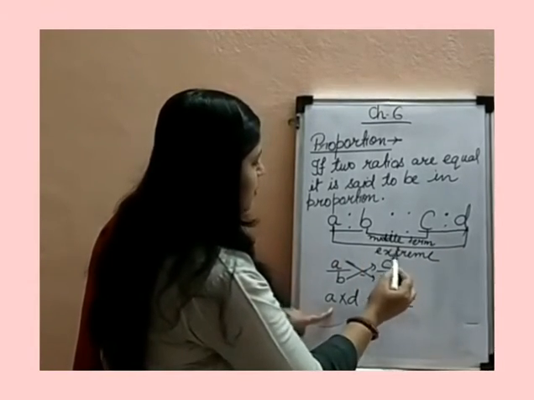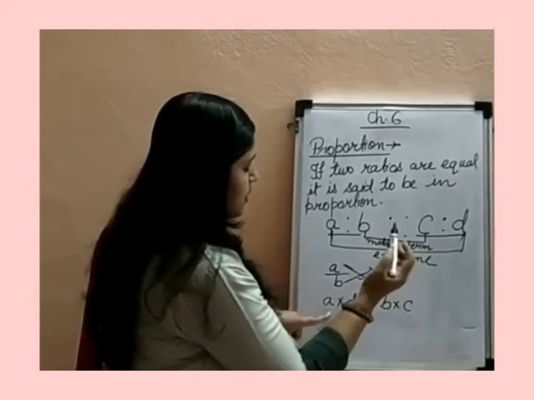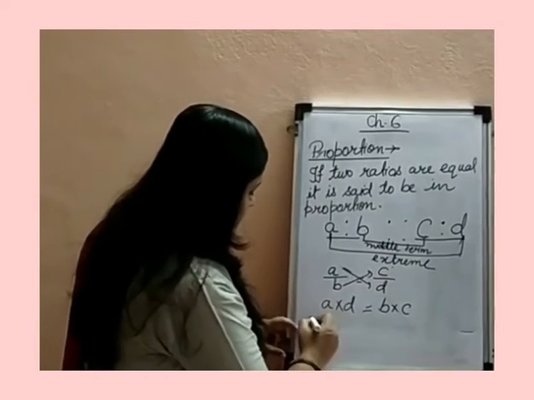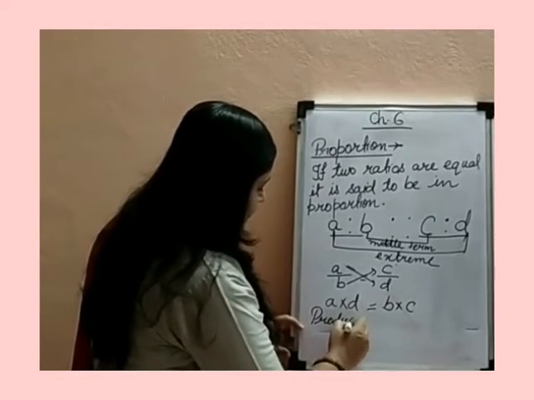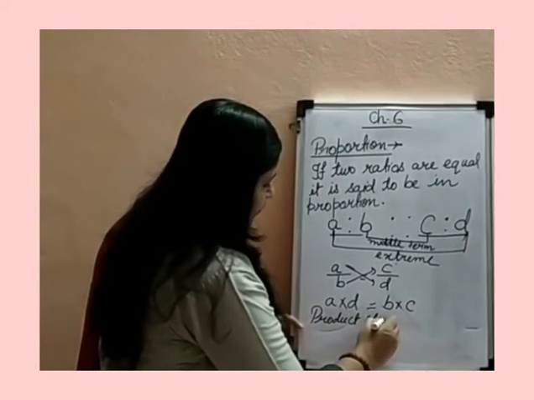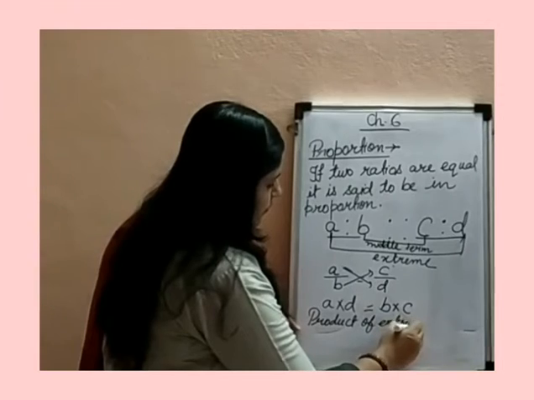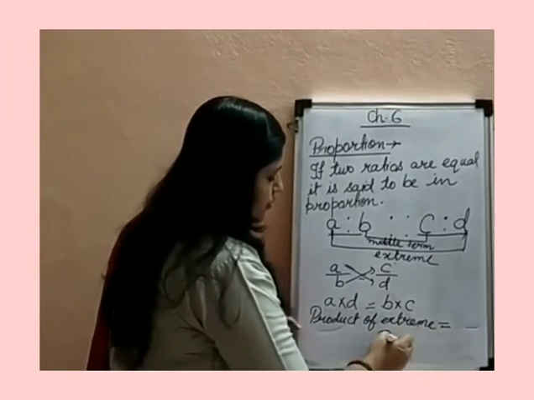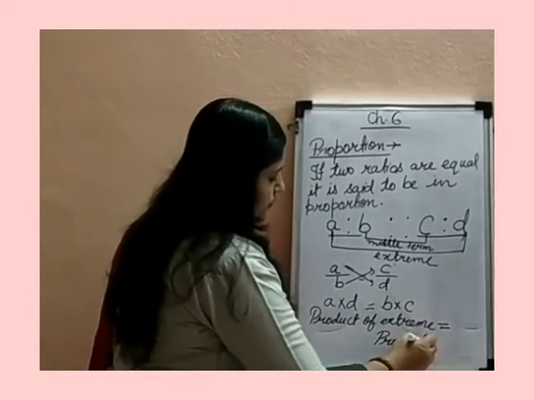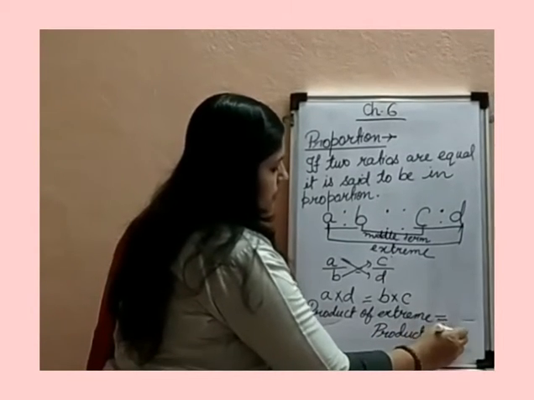That is extreme. What is B and C? That is middle term. It means the product of extremes is equal to the product of middle terms.